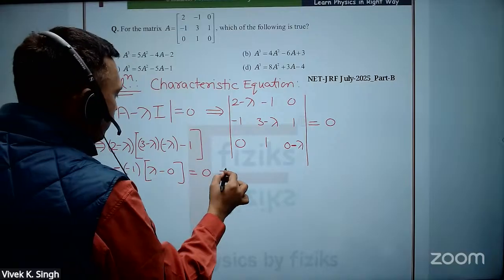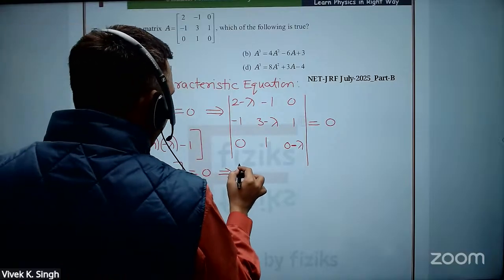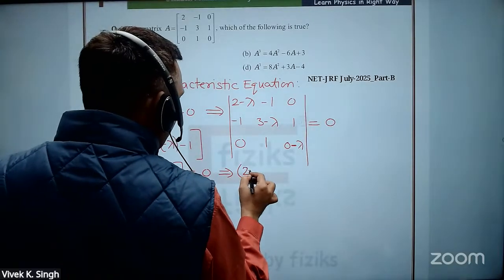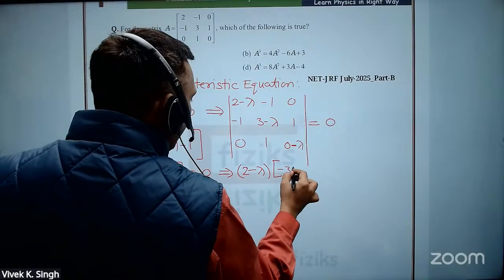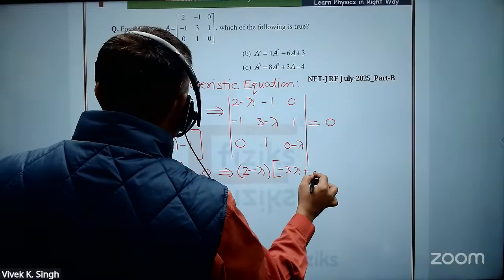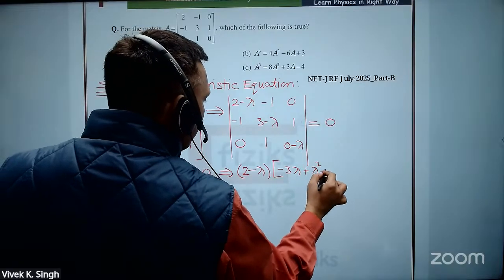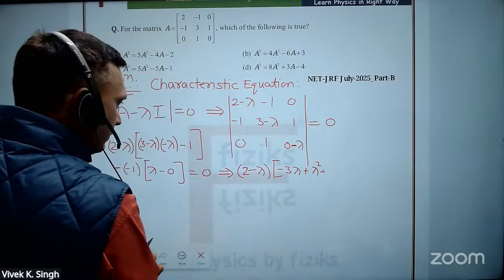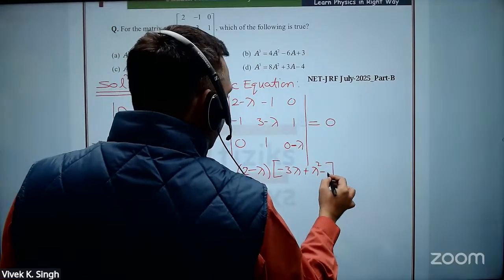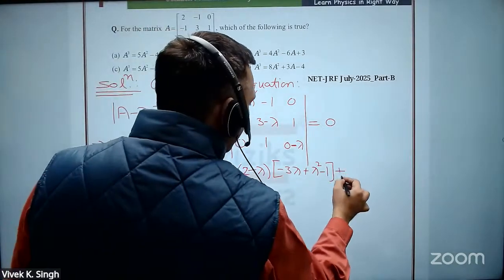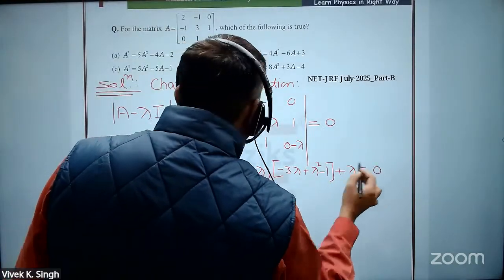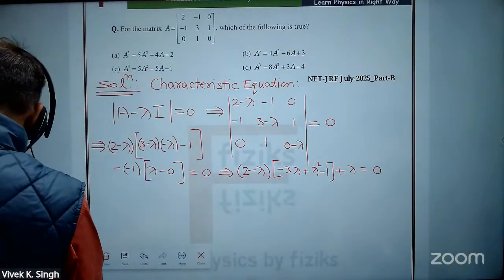Clear? So let's multiply here. What you will get? 2 minus lambda, it's a matter of calculation now. Minus 3 lambda plus lambda square minus 1, minus 1, and this is plus lambda is equal to 0.